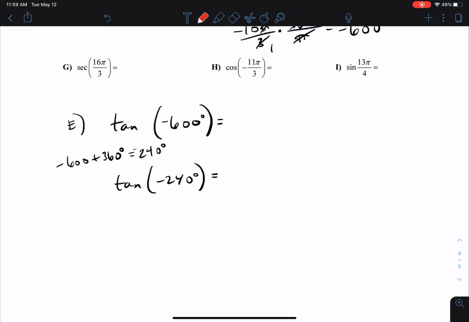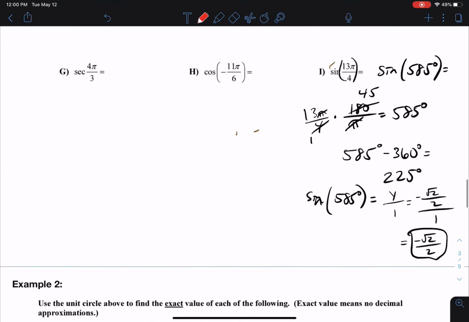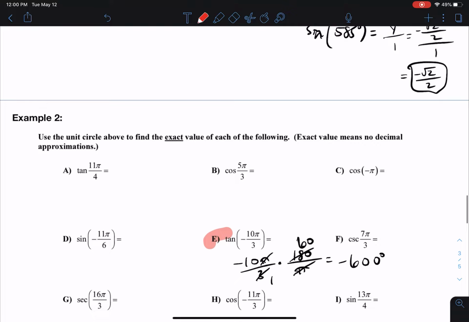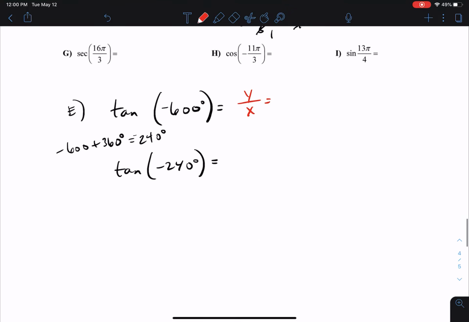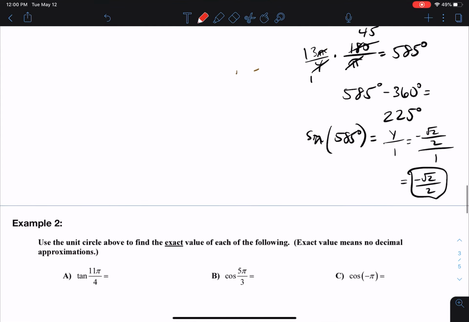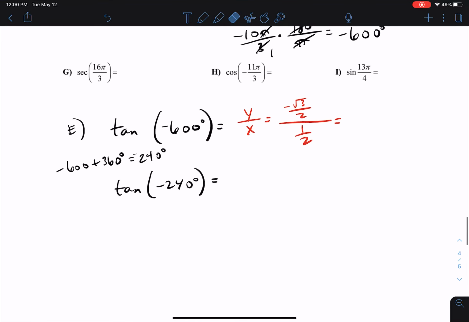Tangent is y over x. Let's go back up and figure out what the y is first. The y is root 3 over 2, divided by the x, which is negative 1/2. I mixed that up before. We're still going to get a negative answer.